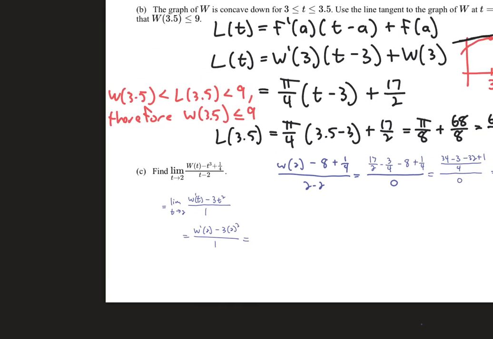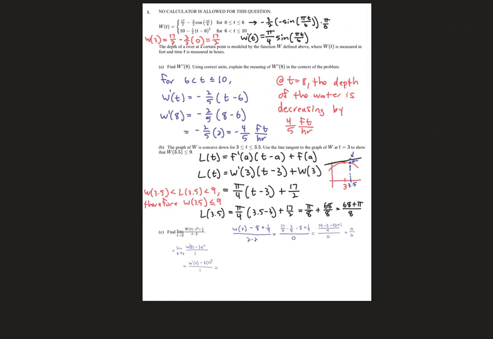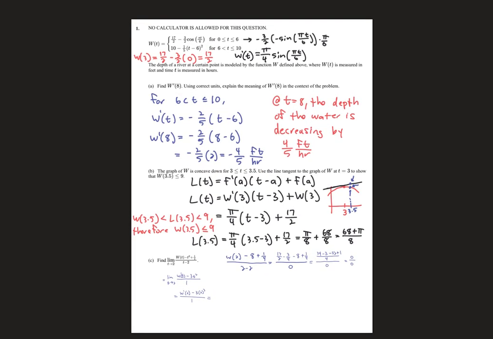So w prime of 2. So we'll plug in 2 into the top part of the piecewise function. I'll write down the whole thing. Okay, so we already got w prime, we'll use this one. So we're plugging 2 into this. So plug in 2, you get sine of pi over 3.